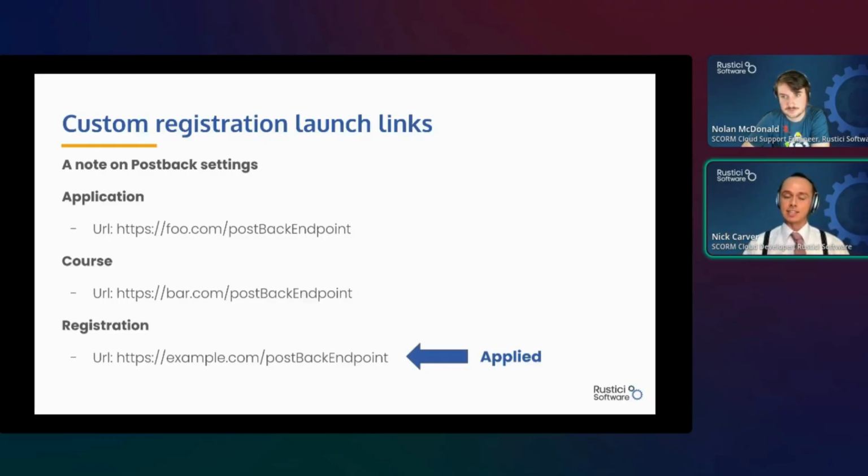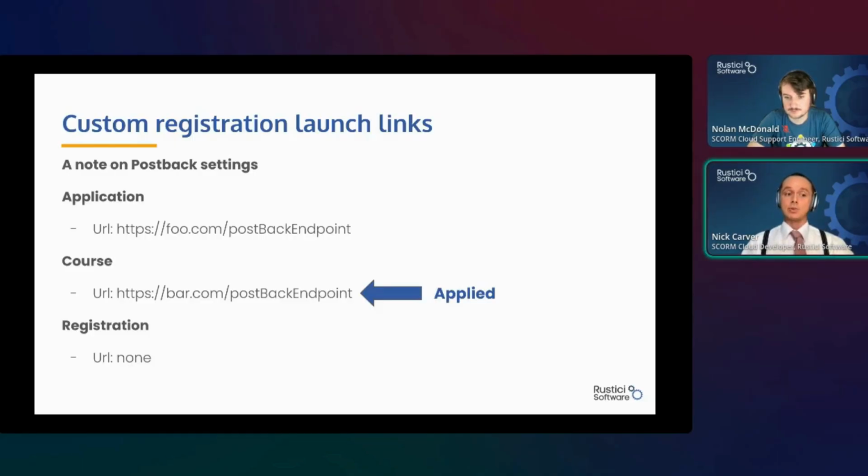So if you set this postback URL at the registration level, it's going to override those set at the course and application level. You can see here that all three levels have a postback URL set, but the one that the registration is going to be using is the one at the registration level.